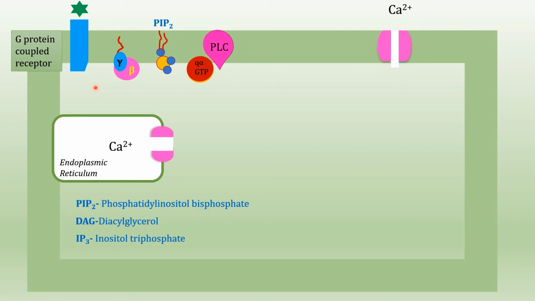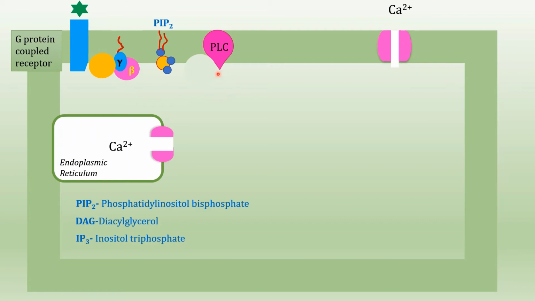It activates the effector, that is phospholipase C. But this alpha subunit has intrinsic GTPase activity, so its action is short-lived, and GTP is again hydrolyzed to GDP and it dissociates from phospholipase C, goes back to its original position and reassociates with the beta and gamma subunits.